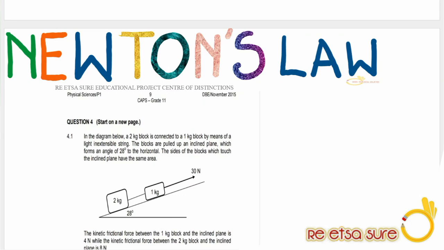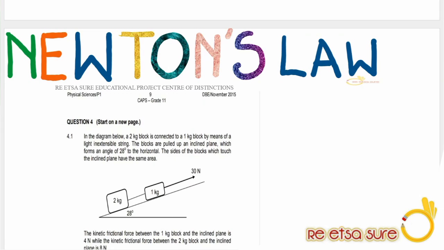The Newton's law that we are doing here in grade 11 is the same as the one you will be doing in grade 12. Hence I'm saying that when you master this topic, you are one step out of poverty.